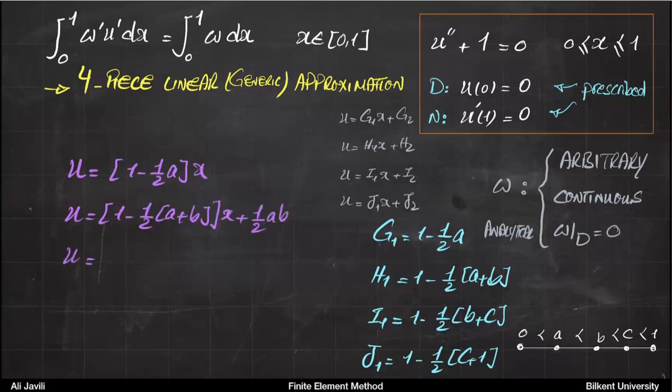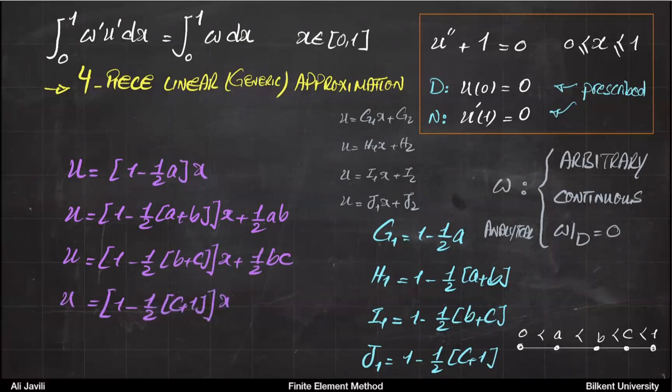The third piece is 1 minus 1/2 of b plus c plus 1/2 of bc. And the last piece is 1 minus 1/2 of c plus 1 plus 1/2 of c.